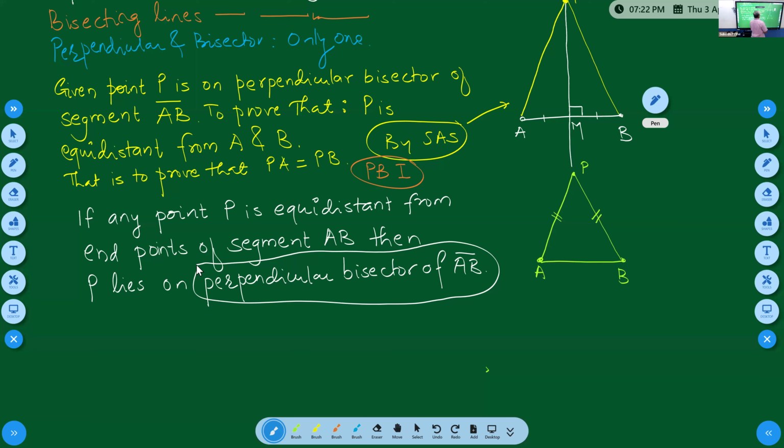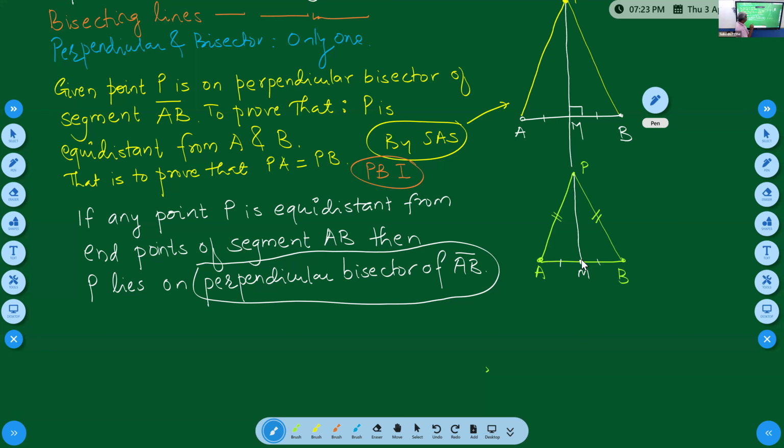So suppose we take a straight line which is the bisector. We draw a midpoint M. By construction, M is a midpoint, so AM is equal to BM, and then join PM. Now PM is a bisector already by construction.